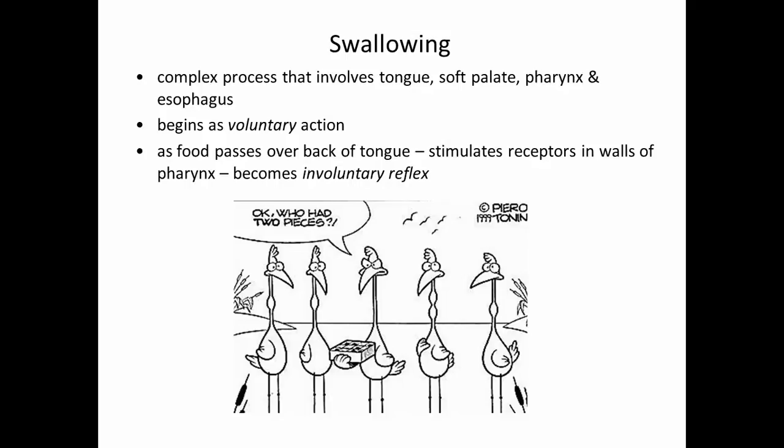If you try to stop a swallow partway through, you can't do it because it's a reflex arc that involves all of the nerves, and the information goes through those nerves without our being able to voluntarily control it.